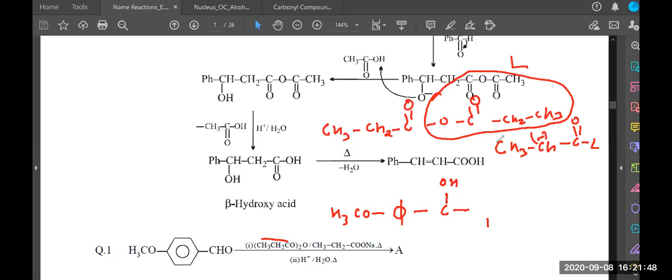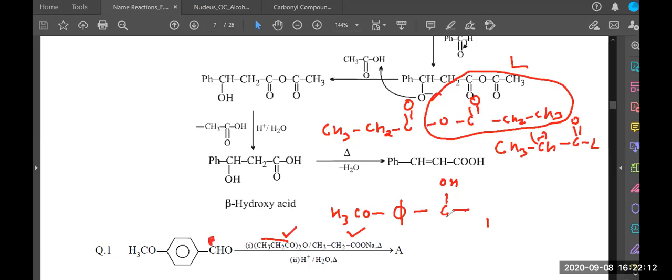So this is your nucleophile, yes or no? This is your anhydride and this is your base. So the base will just remove H plus from where? From the alpha hydrogen. Now this is a nucleophile, so the nucleophile will attack on this carbon.